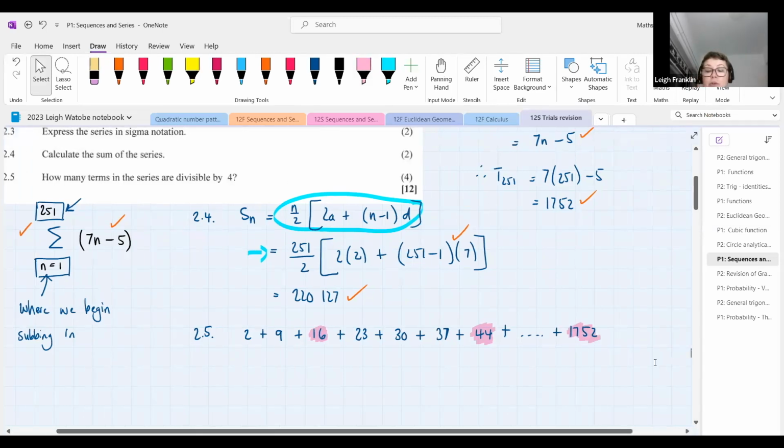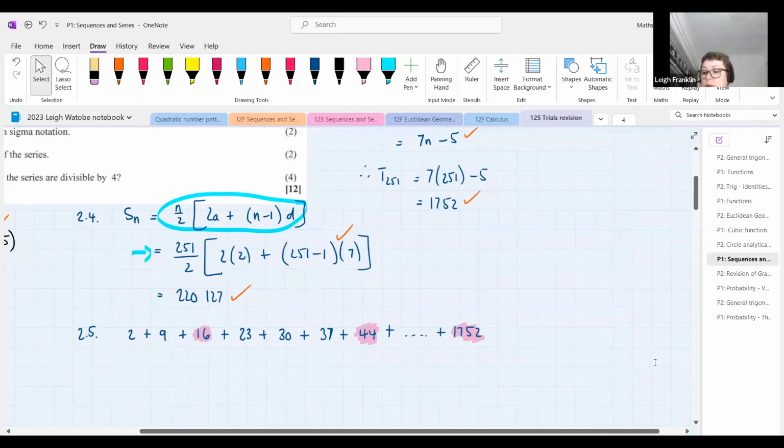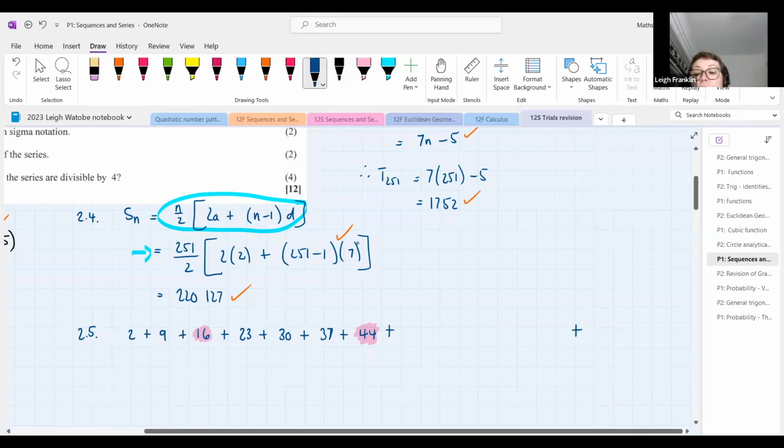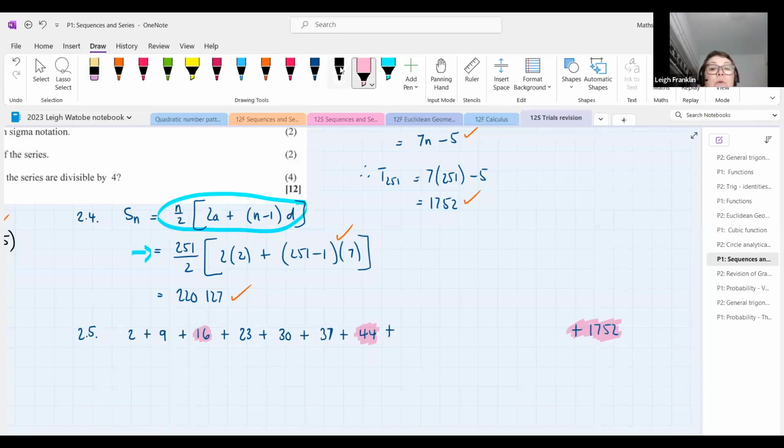in terms of how we're going to calculate this. And then I'll explain to you exactly where we want to go. So what I'm going to do is let's just extend this just a little bit further. We know down here we've got plus 1752, and we know that it is the last term in the pattern, and we know that it is divisible by 4.